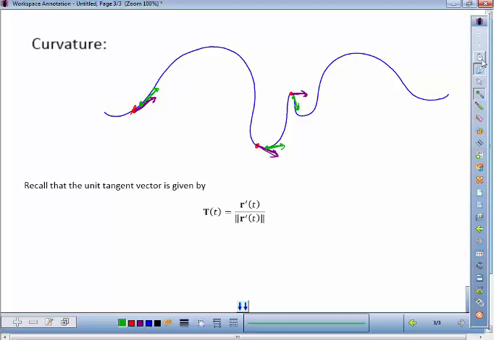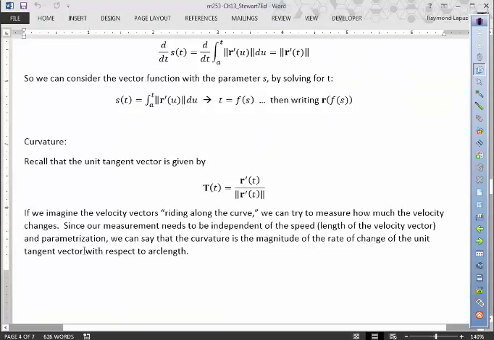All right, so let's see. What do I have in my notes? If we imagine the velocity vector riding along the curve, we can measure how much the velocity vector changes. And I already said that. Should I copy this too? I suppose I should.